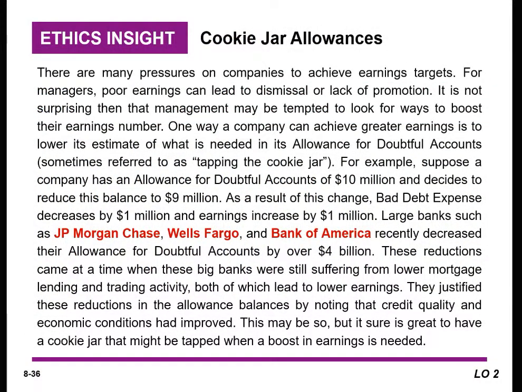Now, realistically, because the allowance for doubtful accounts and the bad debt expense are based on management estimates, sometimes unethical managers may use this as what's called a cookie jar allowance. And what they do is they would lower their estimate for their allowance for doubtful accounts or increase it, depending upon what they need their earnings to represent.